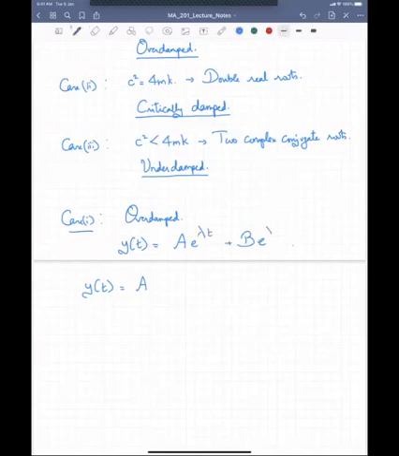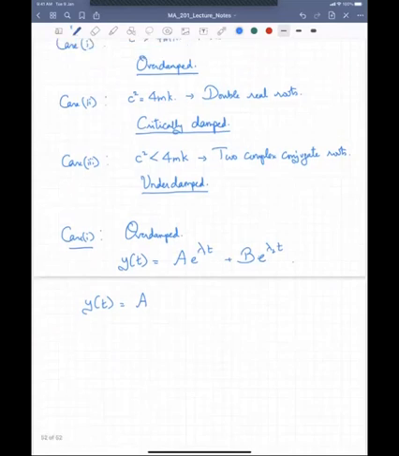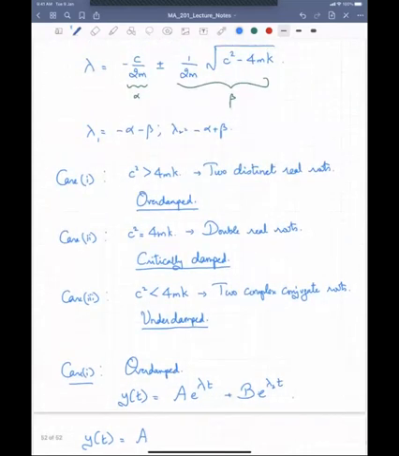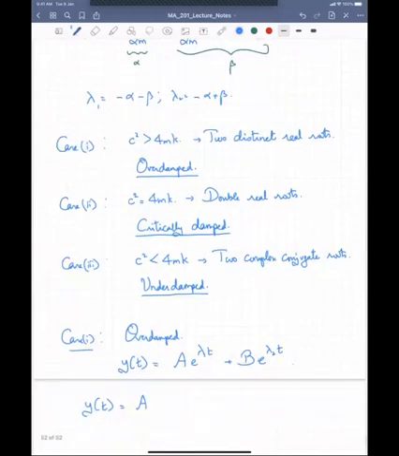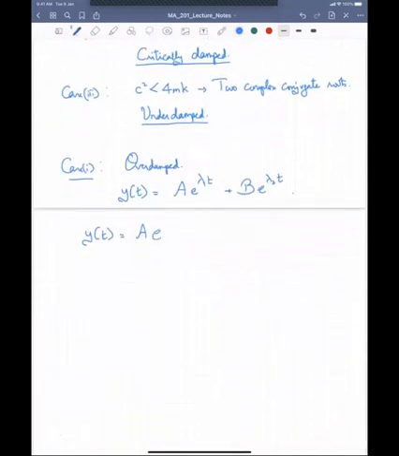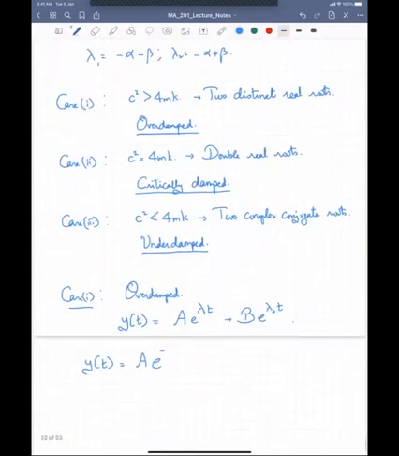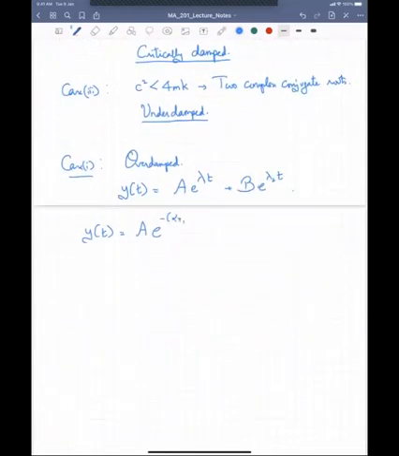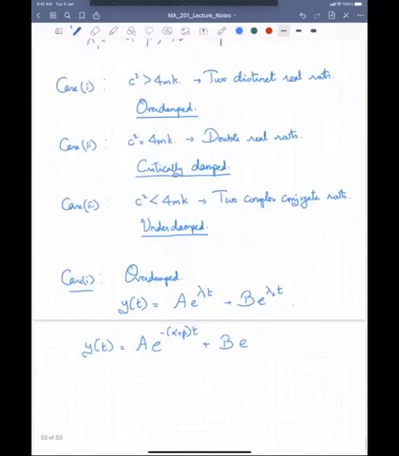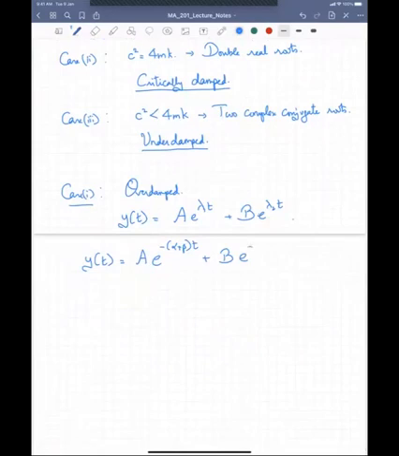So what is lambda 1? Lambda 1 would be minus alpha minus beta, and lambda 2 would be minus alpha plus beta. So this is a e to the minus of alpha plus beta times t plus b e to the minus of alpha minus beta times t.